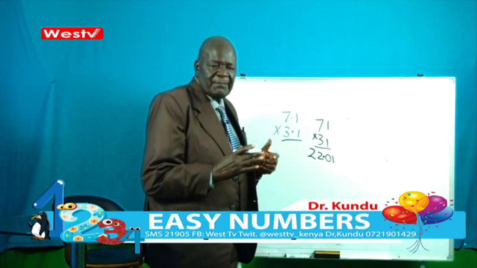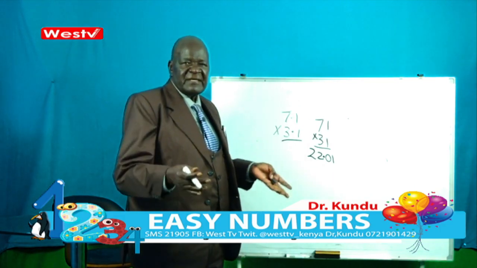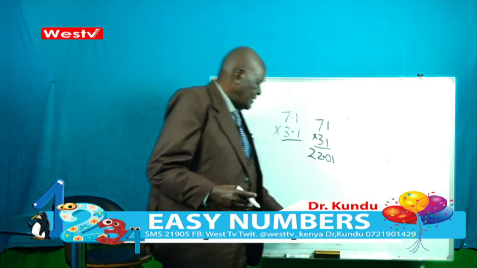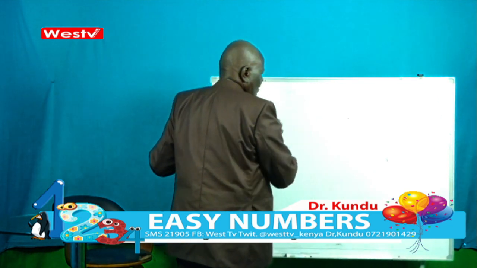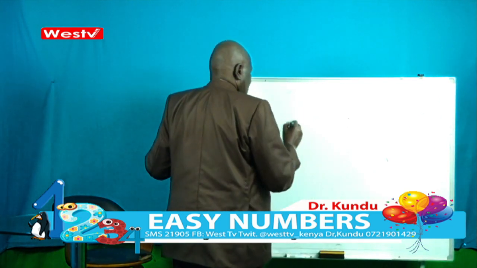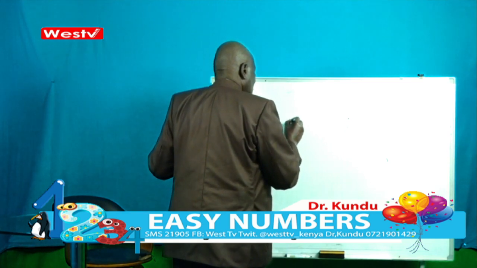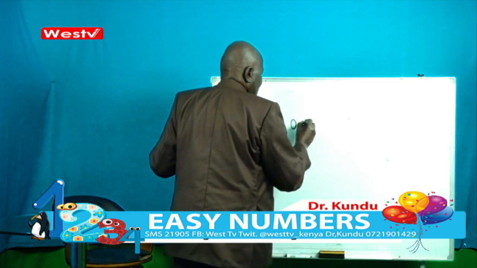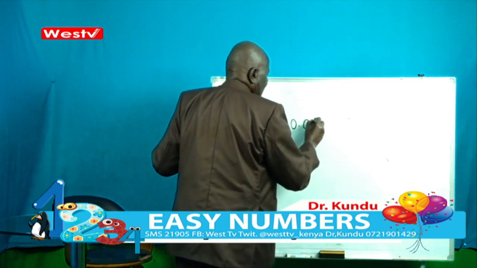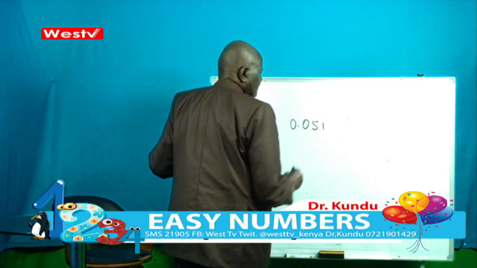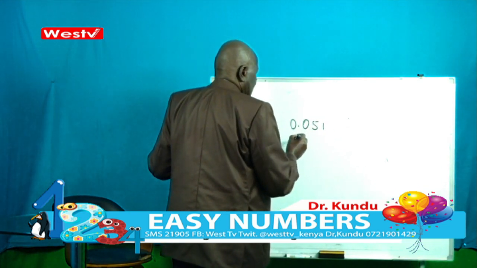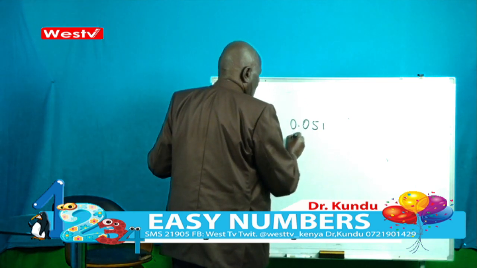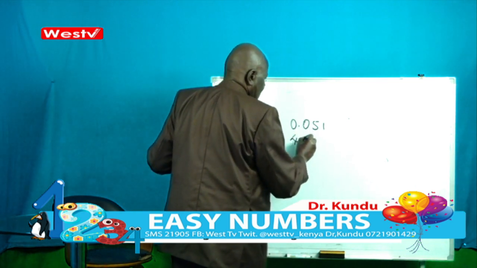You use the same method except to return the decimals later. Again, let's do another example. We probably have 0.051, and we are going to multiply this one by 4.1.